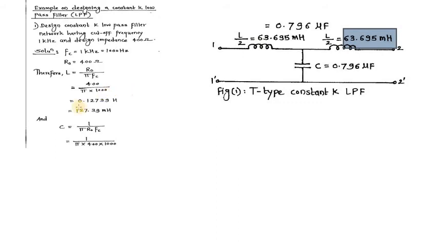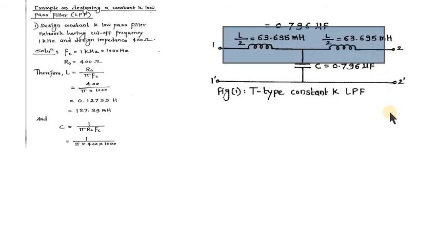That is, half of this inductance should be represented as one inductor and half of this inductance should be represented as another inductor, and they are acting in series with each other, so they together form a series arm impedance. So this is how you design a low pass T type symmetrical network low pass filter.